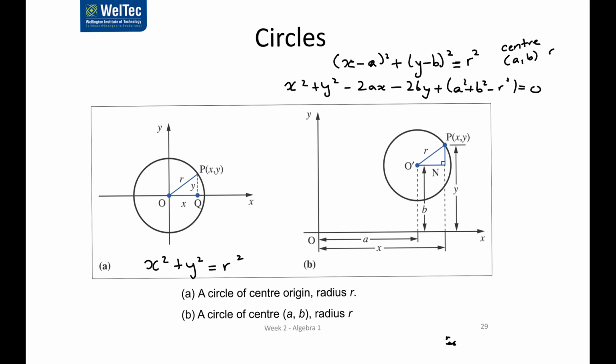Now, I think the textbook uses a slightly different version. It says that x squared plus y squared plus 2fx plus 2gy plus c is equal to 0, and that it's got a circle with a centre of (negative f, negative g), and the radius is equal to the square root of all of that.